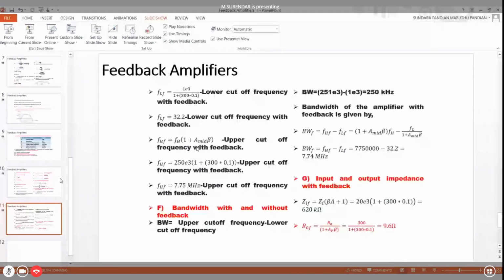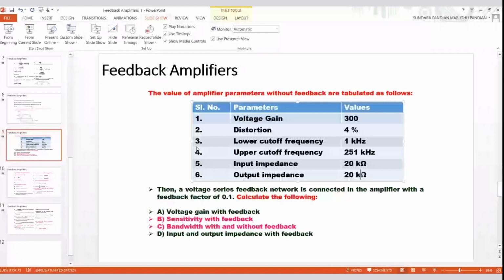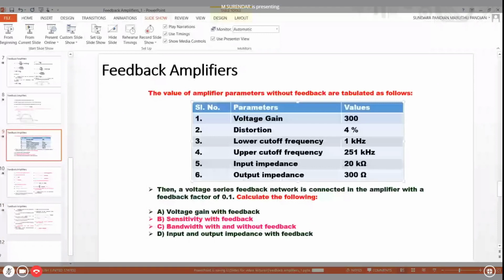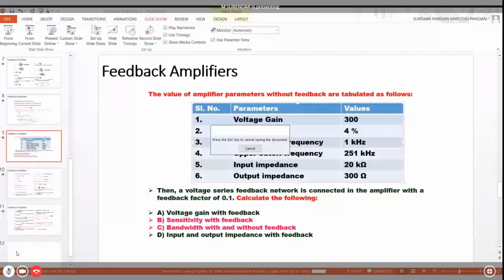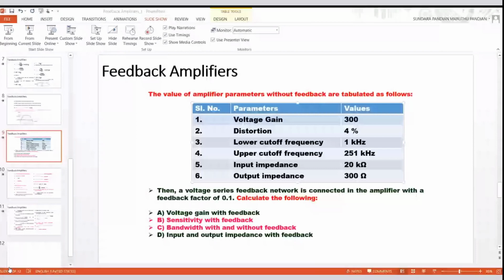Output impedance is 300 ohms. Very good. 620 kilo ohms, I think we have solved it.